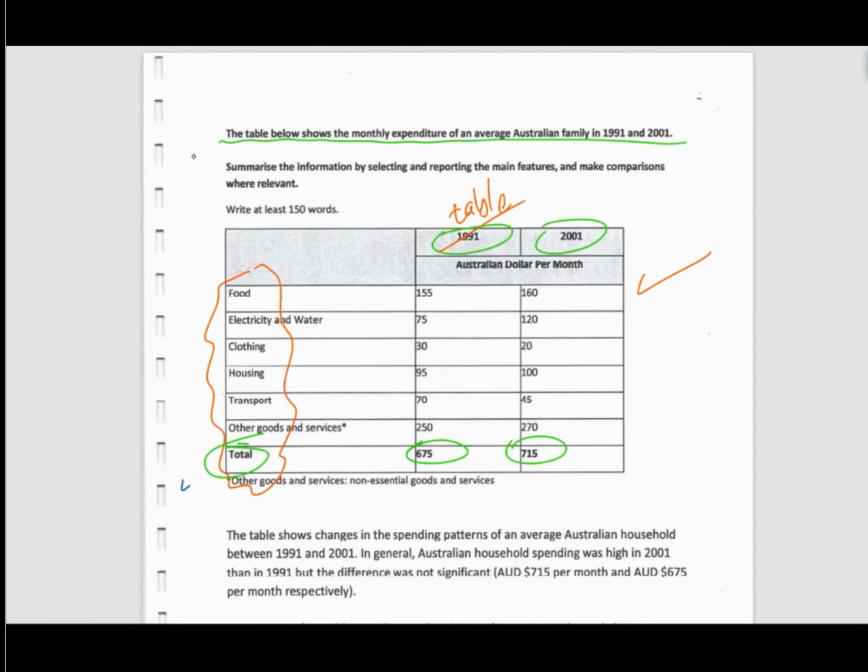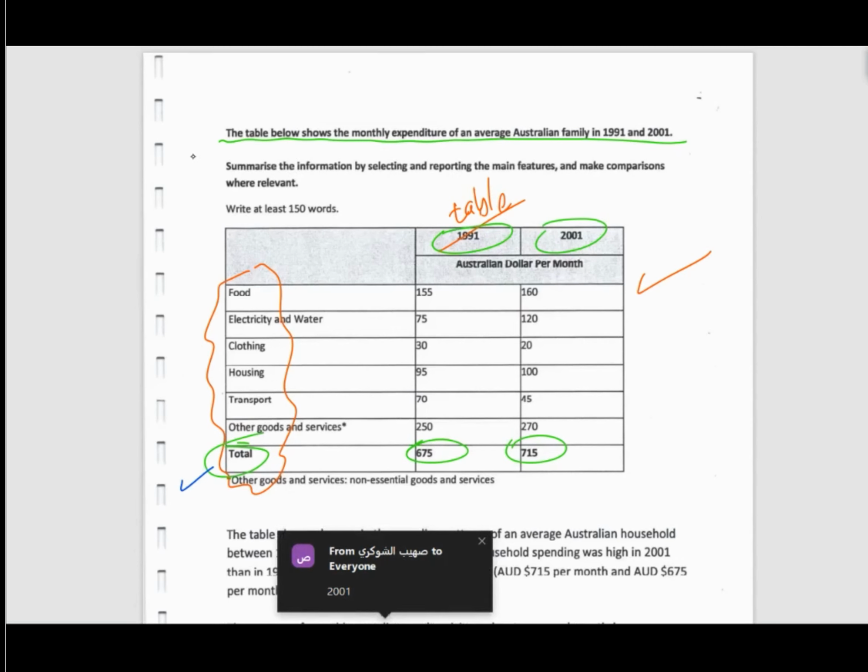So the total is very important because you need it for the overview sentence. Here there is no lines, but you need the total. Now, which year's total is more than the other? So from the first look, you can see that the biggest total is in 2001.